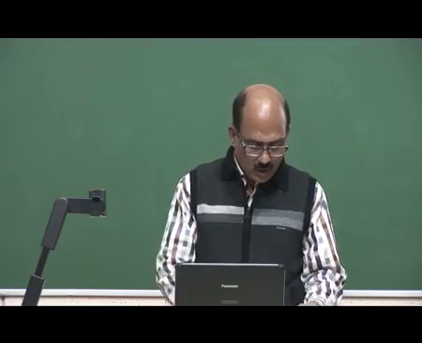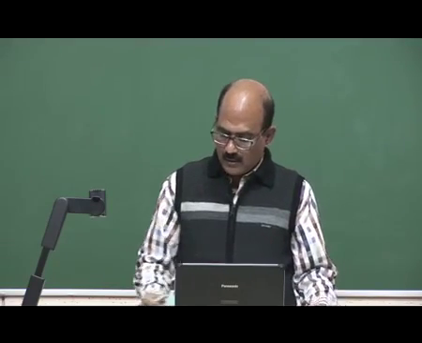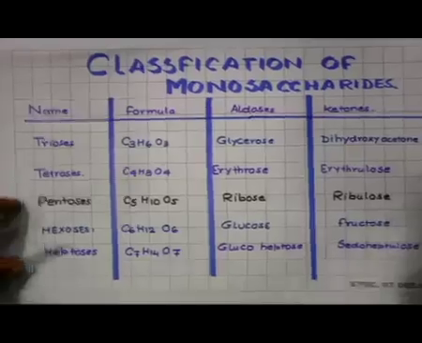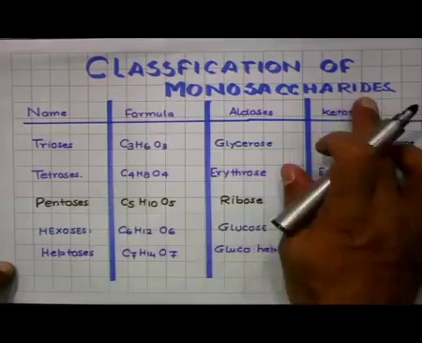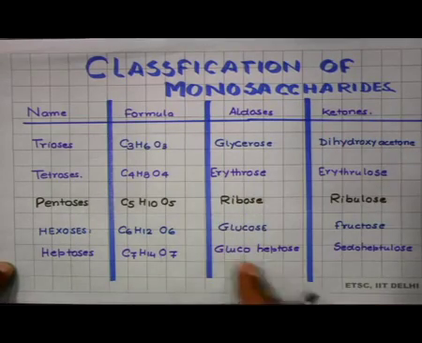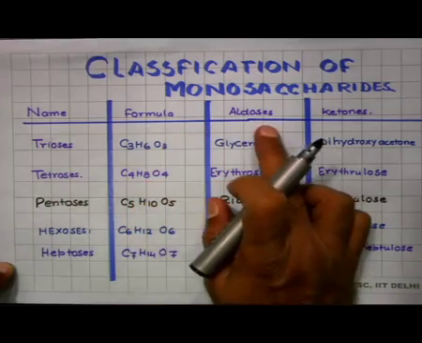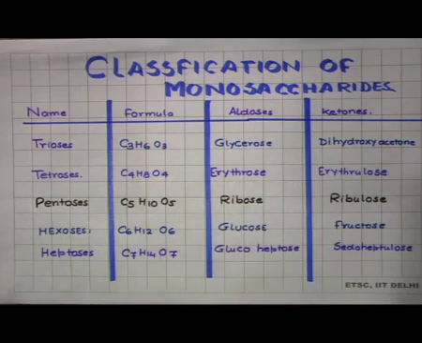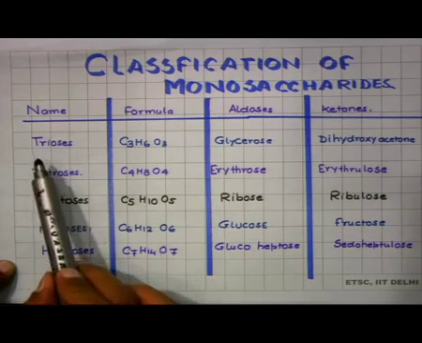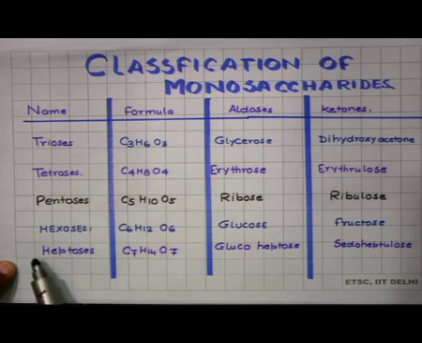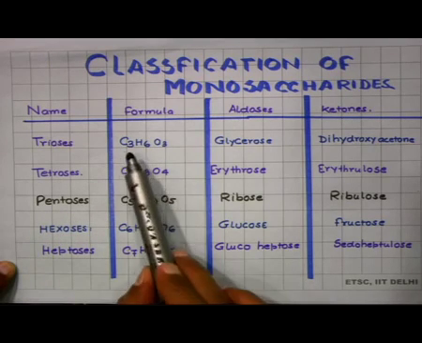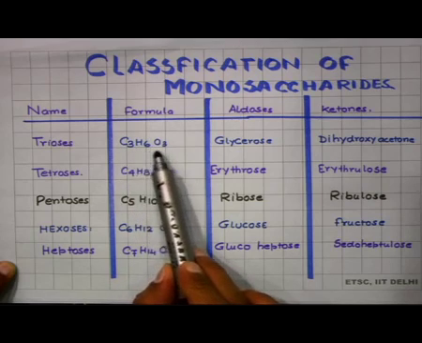Now, we can summarize all these in this form. You can see here the classification of monosaccharides divided by name, formula, aldose form and ketonic form. The names, which we have already discussed, are trioses, tetroses, pentoses, hexoses and heptoses. The formula for trioses is C3H6O3.